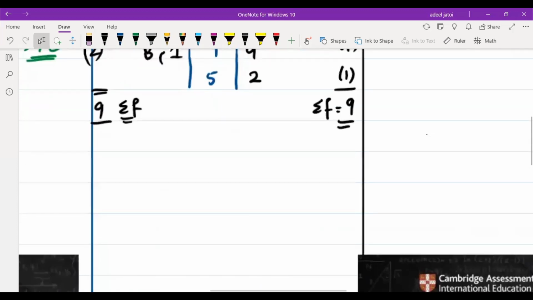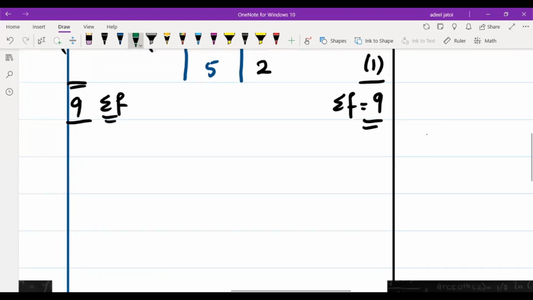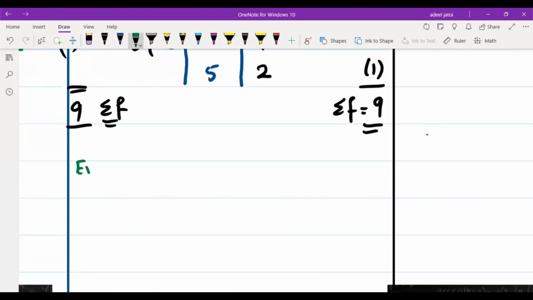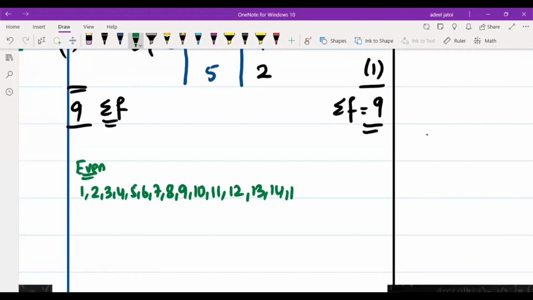Remember this: if you have even data, let's say we write down 1, 2, 3, up to 20. Let's say we have 20 numbers in this.